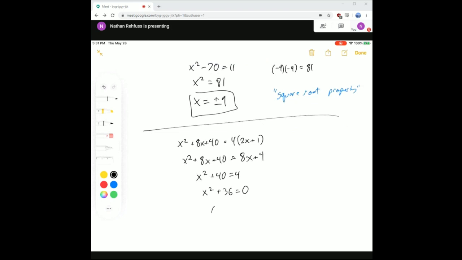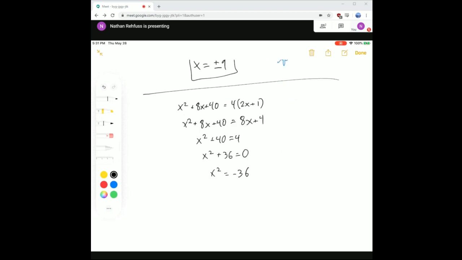And now it's very handy that we talked about complex numbers yesterday, because that's the solution here. The square root of negative 36 is the same as the square root of positive 36 times the square root of negative 1. Okay? So that is 6 times i.